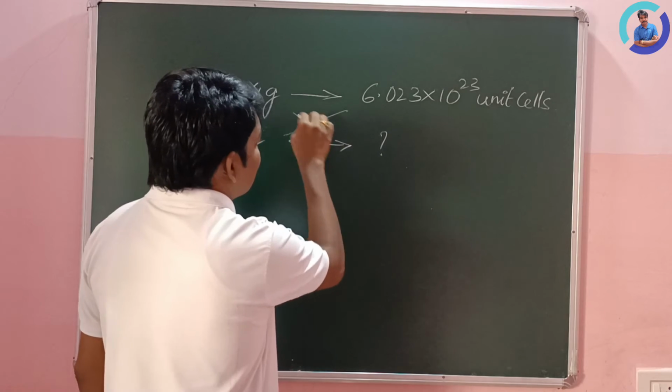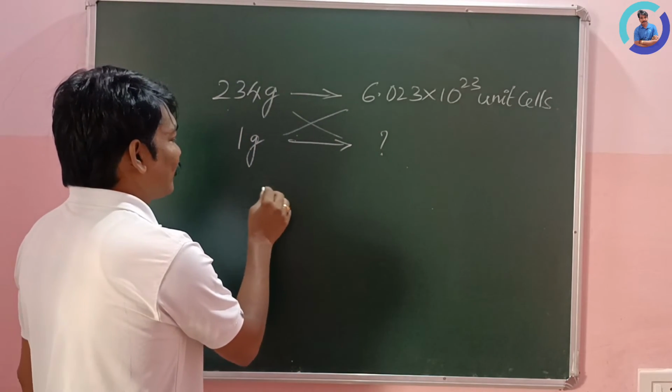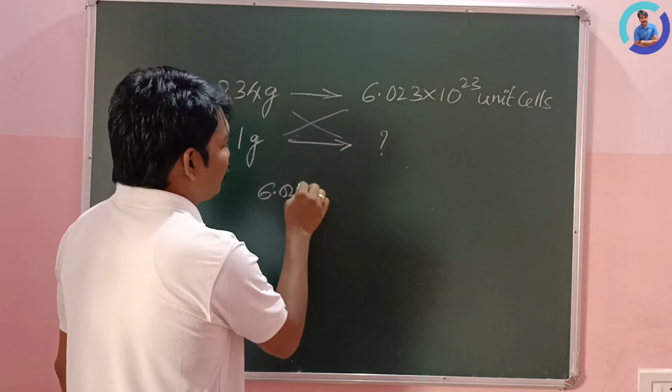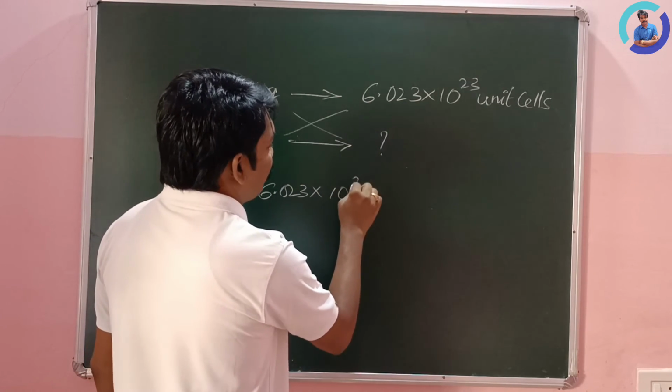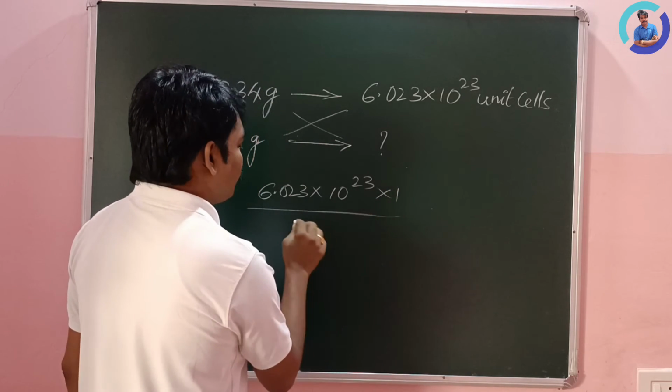We will go with the crisscross method, cross multiplication. 6.023 into 10 to the power of 23 into 1 by 234.